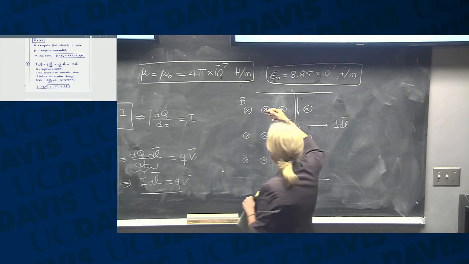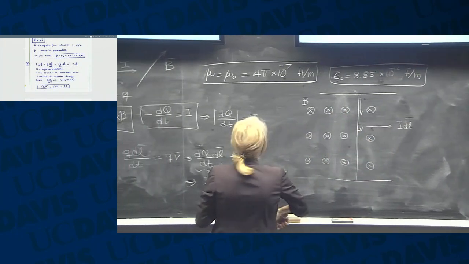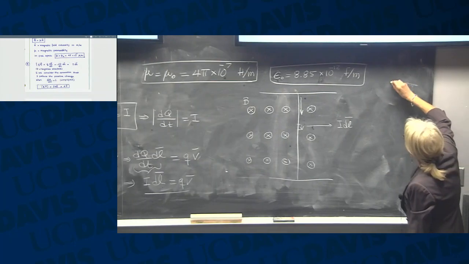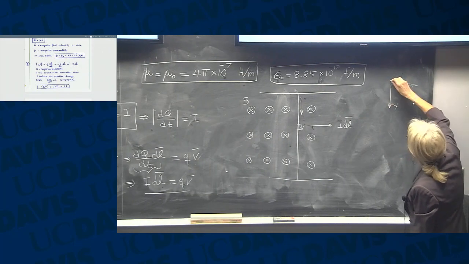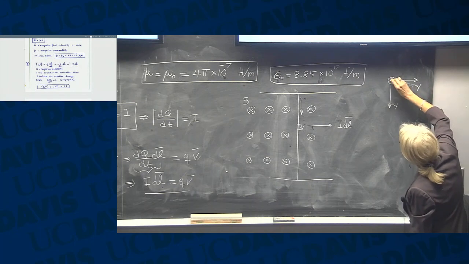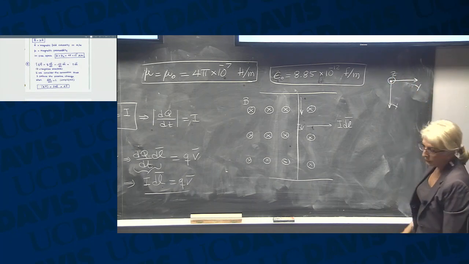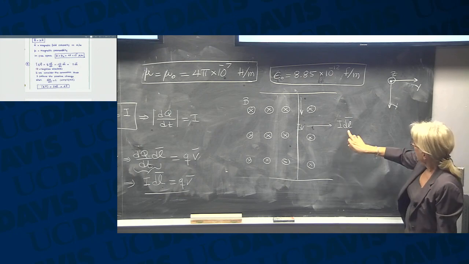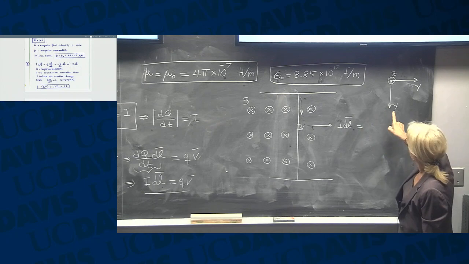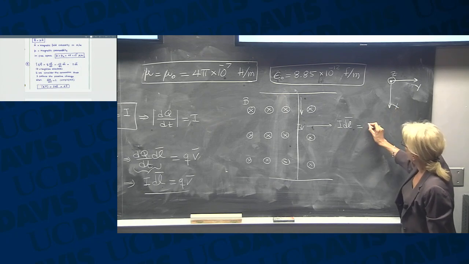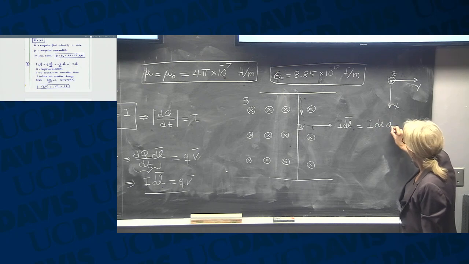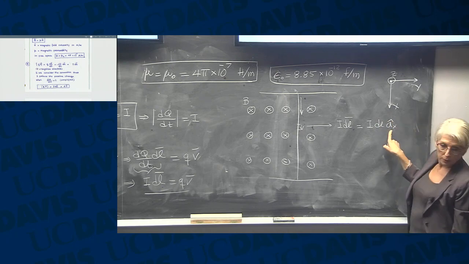And let's assume that we are using here a coordinate system. So we have x, y, and then z. Now, what is dl? dl is along the x direction. So it's I dl along the x direction. Okay?